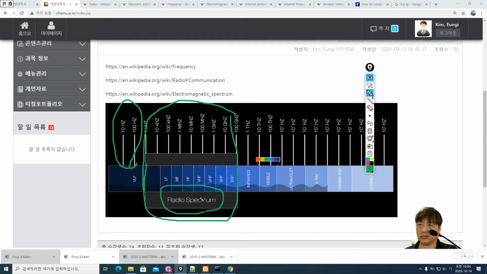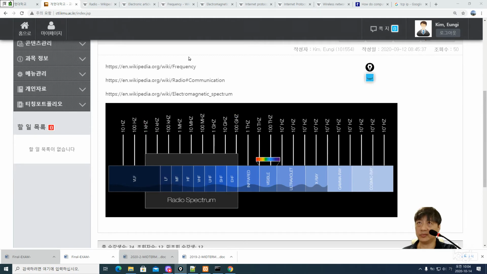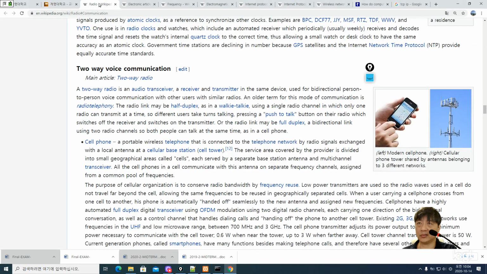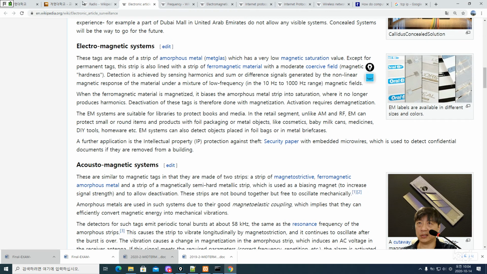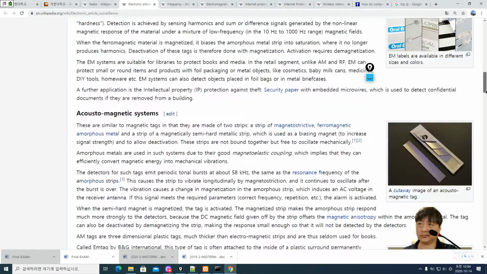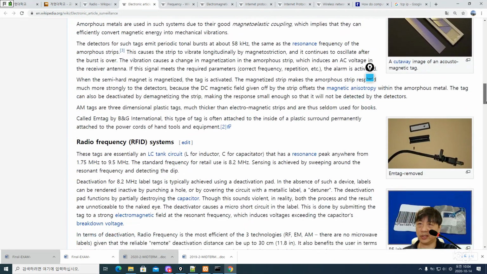Those waves are referred to as radio waves, whereas this one is just very low frequency waves. So for electronic surveillance, 1000 hertz is 1 kilohertz, so it's right below the radio waves. EM and AM are not really radio waves.